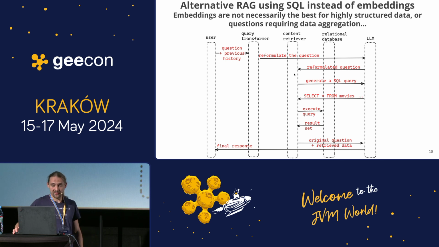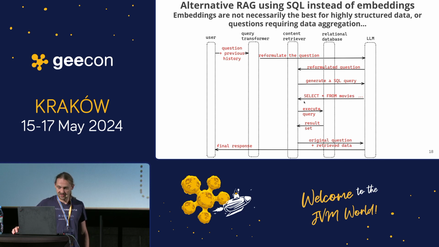So when we have the reformulated question, we ask the LLM to generate an SQL query. Actually, we tell the LLM: generate an SQL query that can answer this question, and we give it information about the database as context. So we give it a list of tables, or in my case, just a list of columns, because there's just a single table.